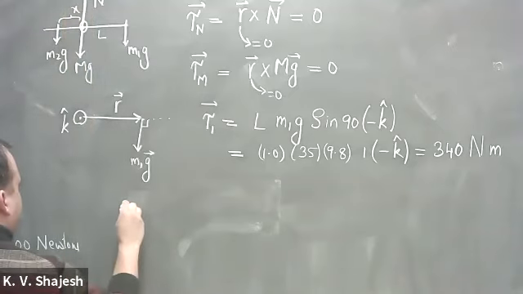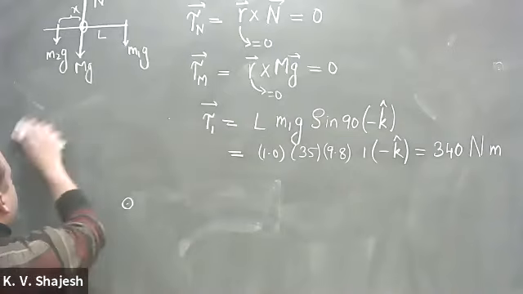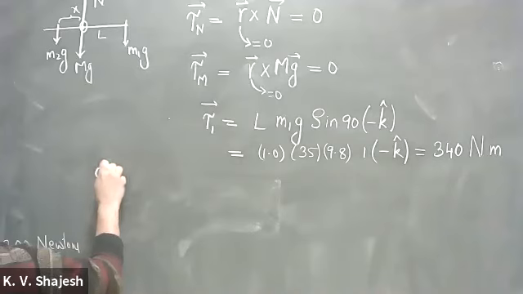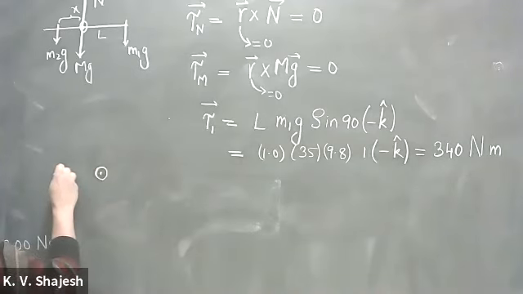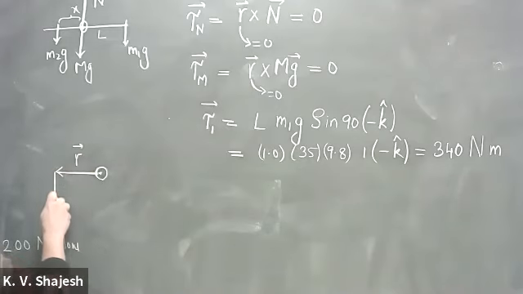So let's draw the axis again. That's your axis, and this is the distance now, R, and M2g is acting down.